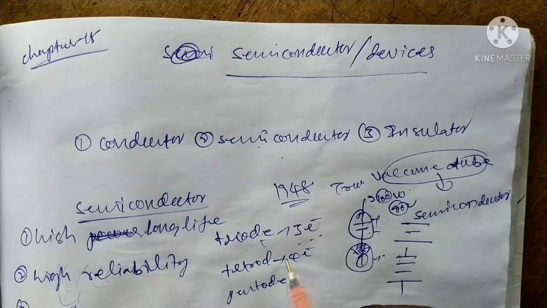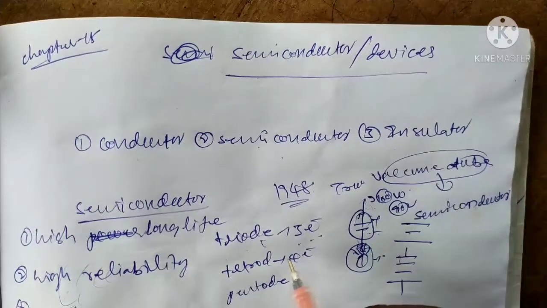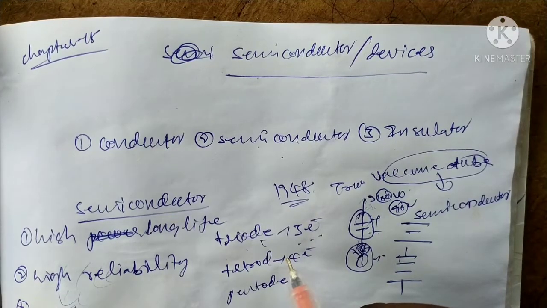Around 50 years ago, solid state semiconductors were formed. After 1930, solid state semiconductor electronics came, that is semiconductor devices.